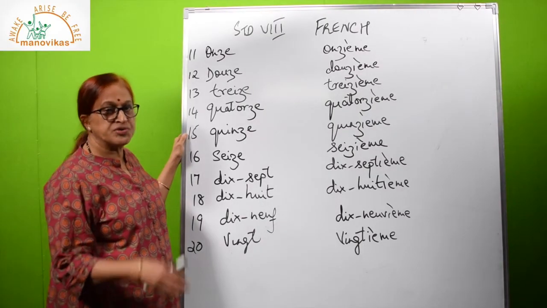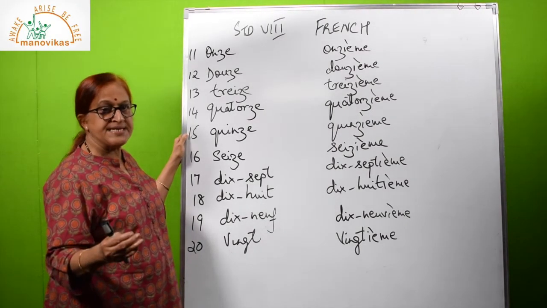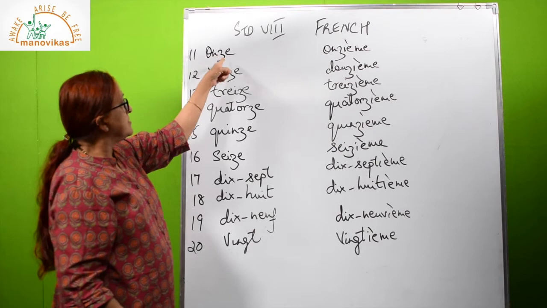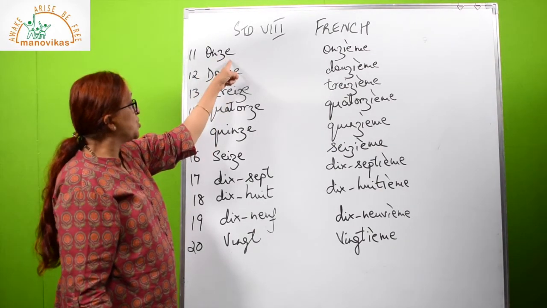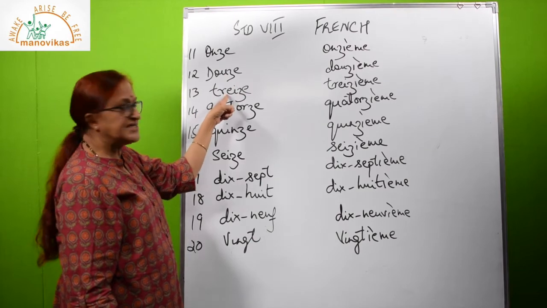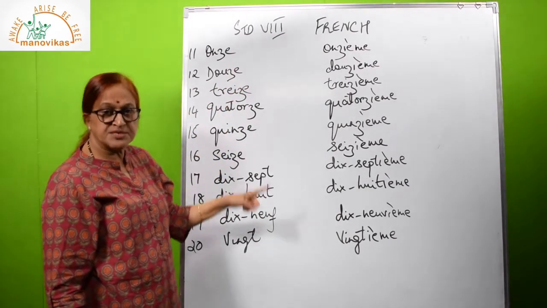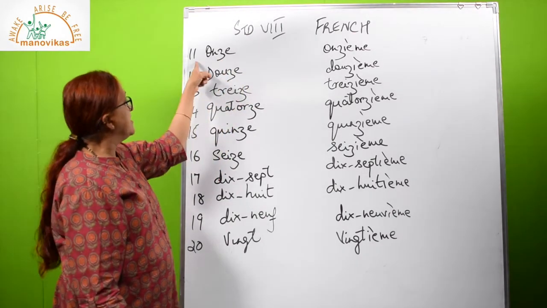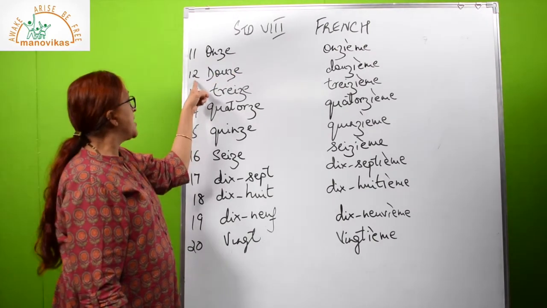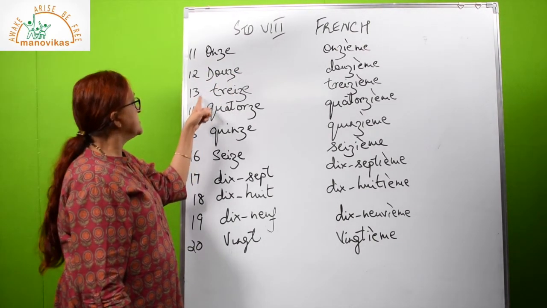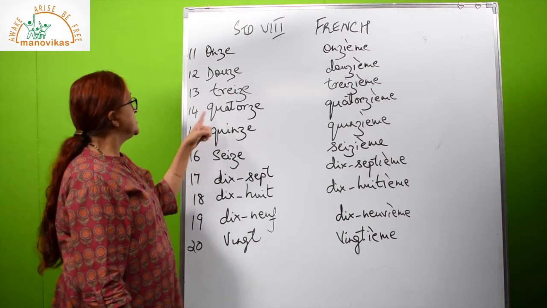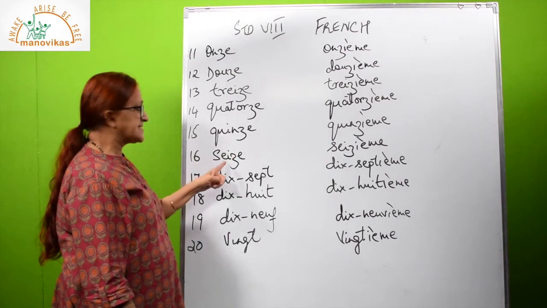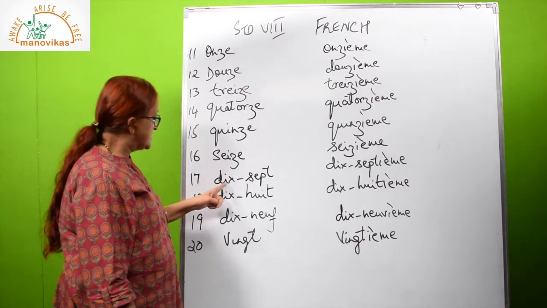Okay, now we go on to the numbers 11 to 20 and I will teach you the ordinal numbers, how they are written. You can repeat after me. If you have done this before, it's okay, but today again I am repeating them for you. 11 is onze, 12 is douze, 13 is treize, 14 is quatorze, 15 is quinze, 16 is seize, 17 is dix-sept.